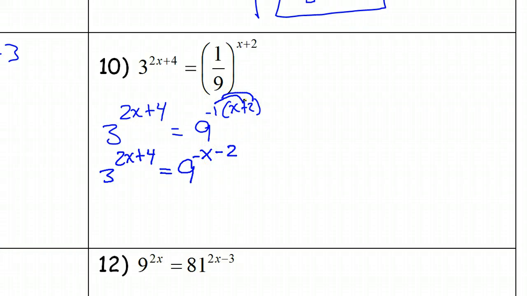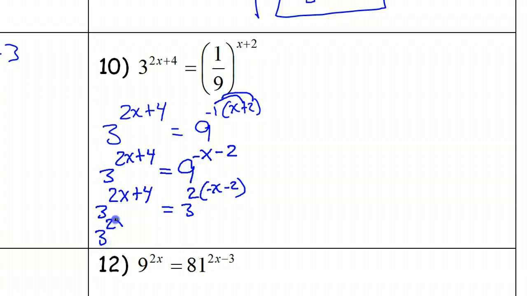Alright, but the bases are still not the same. So I need to go all the way down to base 3 now. So this is 3 to the 2x plus 4 power. But 9 is 3 squared. Okay, so that'll give me 3 to the 2x plus 4 power is equal to 3 to the negative 2x minus 4 power.